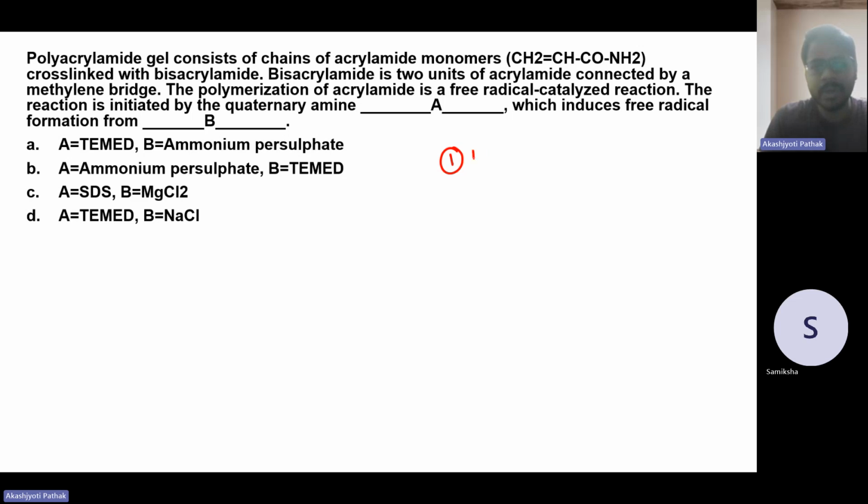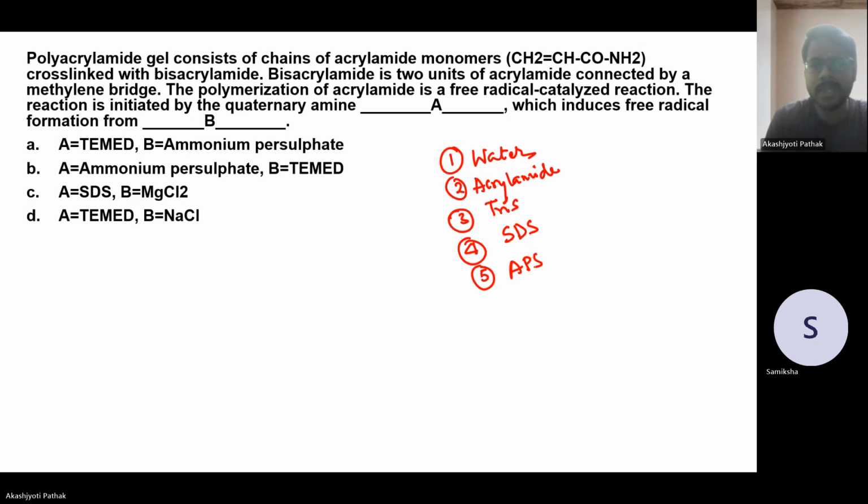First, you require water, then acrylamide, then Tris. The fourth component is SDS, fifth APS, and sixth is TEMED. These are the six components required. There are also two different Tris buffers required, one having pH 6.8 and one having pH 8.8.